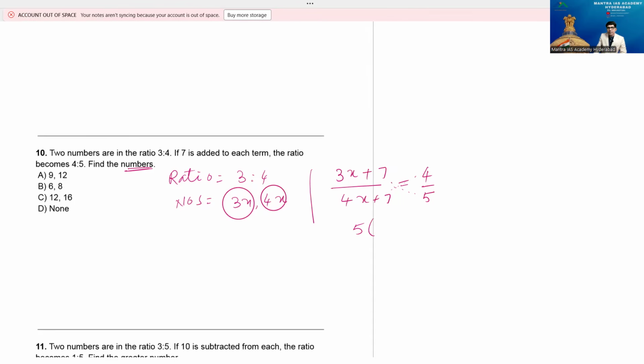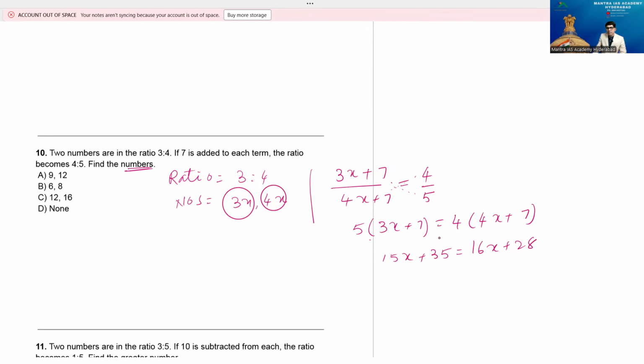5 into the numerator 3x plus 7 is equal to 4 into 4x plus 7. 5 3s are 15x, 5 7s are 35, 4 4s are 16x and plus 28.